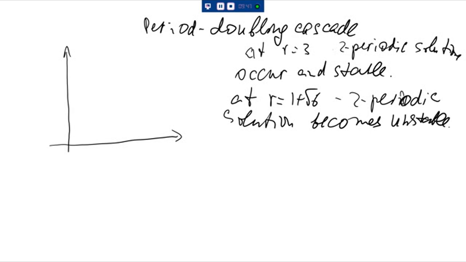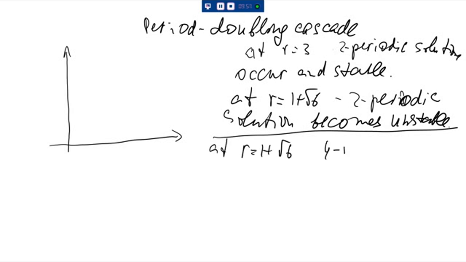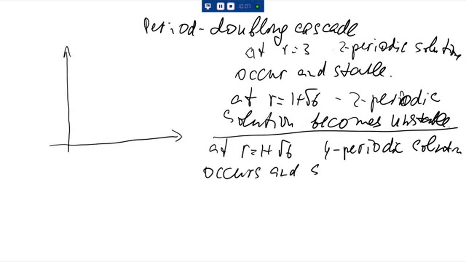We know this, we found it, but what we didn't find, and it's very hard to show, is that at r equal to 1 plus square root of 6, a four periodic solution appears, and is stable.